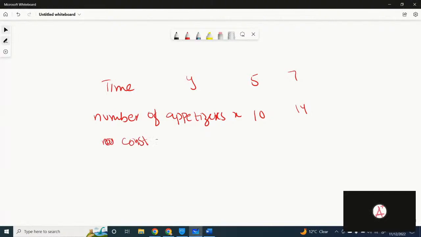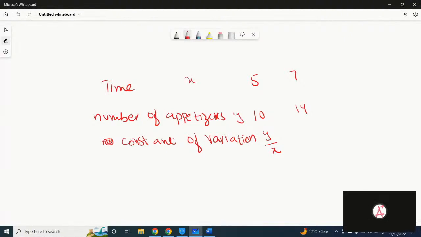For the constant of variation, you need to do y over x.